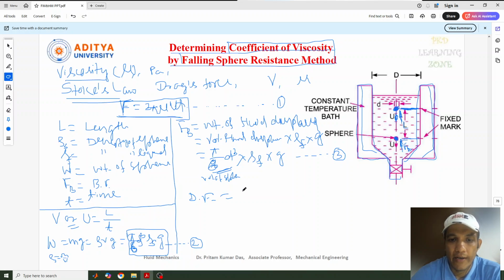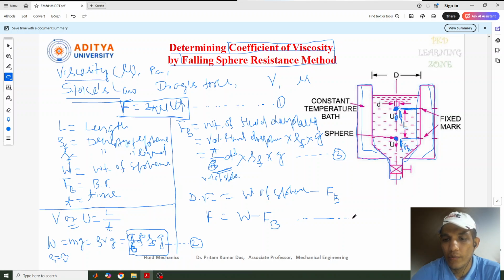equal to the weight of the sphere minus the buoyant force, FB. So you can write F equal to W minus FB.